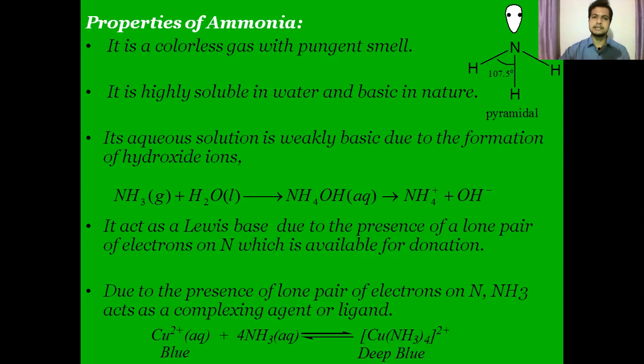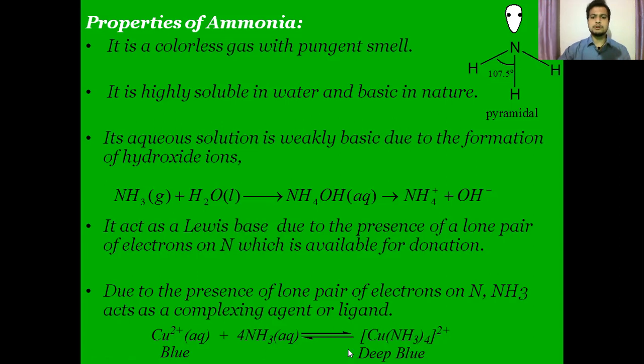One such example is when you take copper sulfate, or Cu2+ ion. Whenever you take copper sulfate, obviously it makes the solution blue. It's a blue colored crystal. You dissolve it in water, it will make the solution blue. You add a few drops, or you can take ammonia gas, or ammonium hydroxide, and react with it.